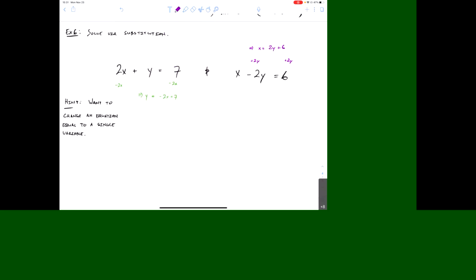And the whole philosophy of substitution, or substituting in, is that you look at both equations and you take, let's use a different color, you either take this 2y plus 6 and you plug in, aka substitute, over here where this x is.